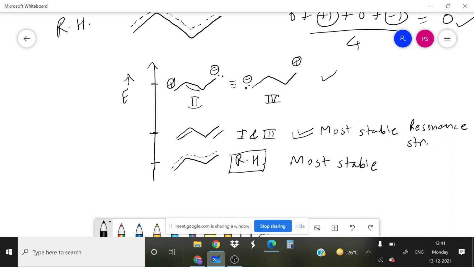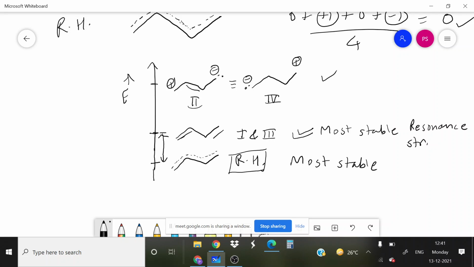Okay. And now I am going to tell you one important thing. The energy difference between the most stable resonance structure and the energy of the resonance hybrid is called resonance energy. What did I say?